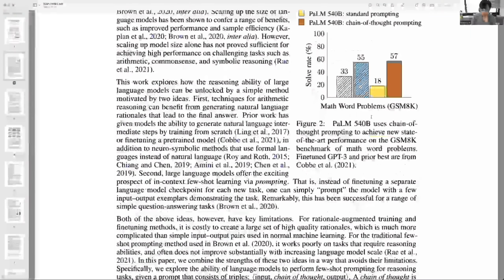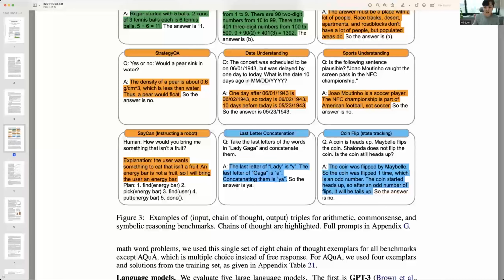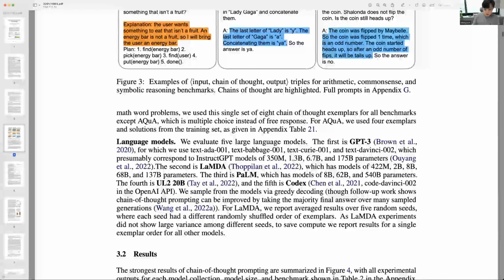They basically put different kinds of reasoning as a prompt, and after all these examples are concatenated, they put a question at the end and ask the language model to generate the answer. In which case, of course, the language model first generates the explanation and then generates the final answer. They use several different language models, but probably what's most known are GPT-3 and PaLM.